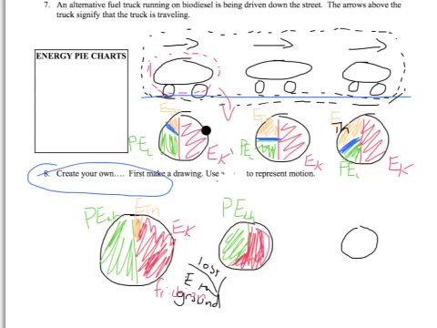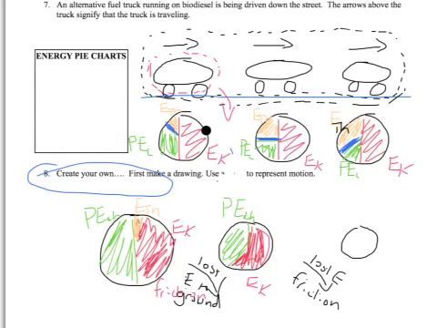Now again, it looks like this pie has more, but you can see that the whole pie is smaller. So I made the slice slightly bigger like that because I wanted it to approximate the same area as this. Then finally, I'm going to say that it's lost energy to friction because it lost it to the ground.